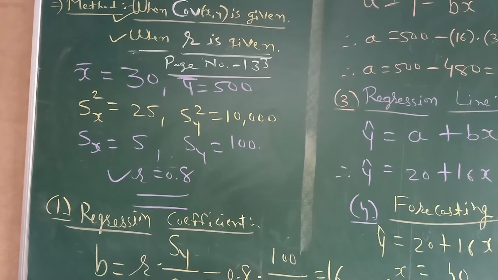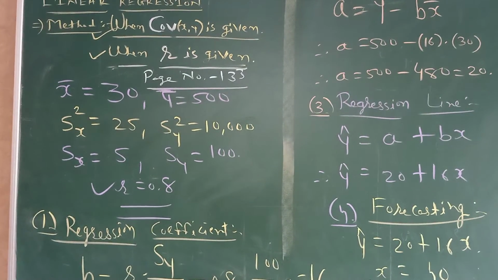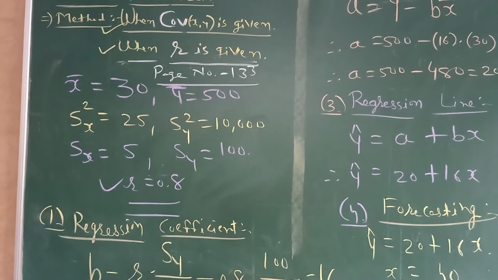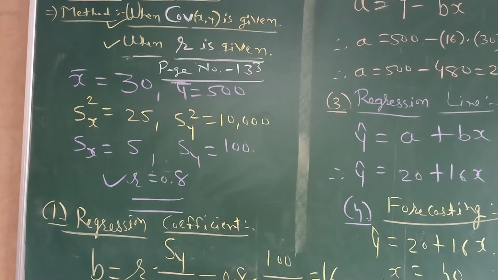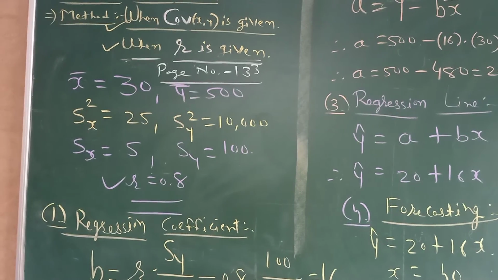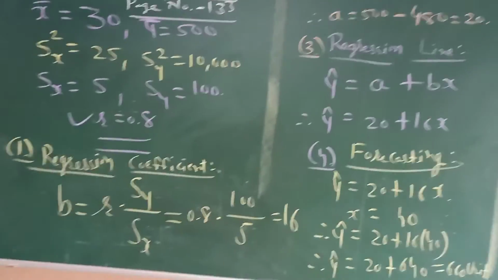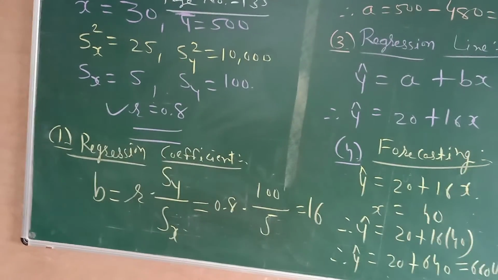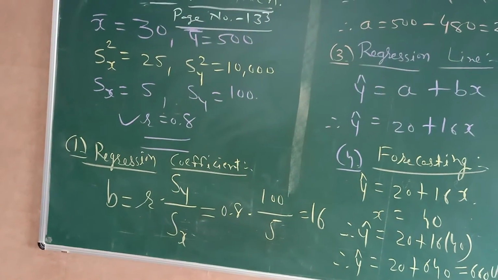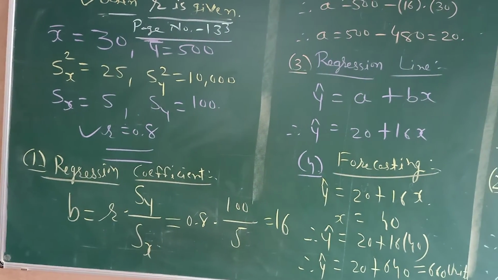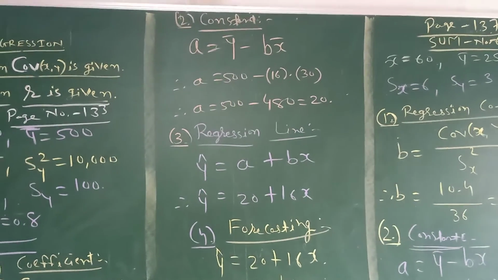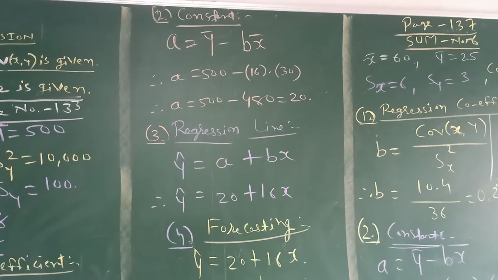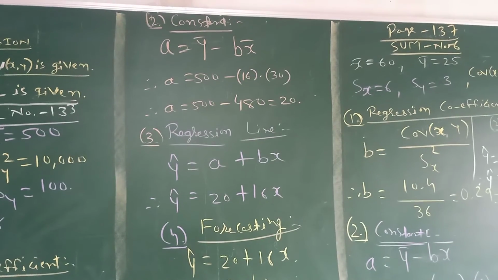In first, we take a sum from page number 133. X bar is 30, Y bar 500, everything is provided. First step, we take regression coefficient, that is B. Correlation coefficient R is provided, so R into Sy upon Sx. The second step we find is constant, that is A, Y bar minus Bx bar.